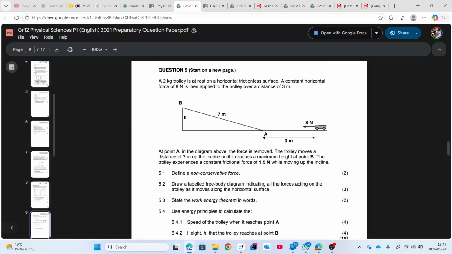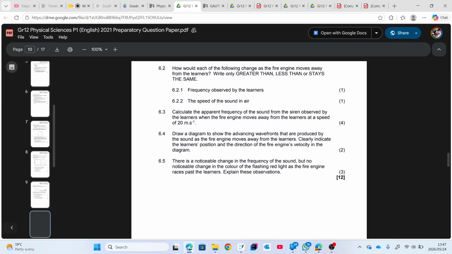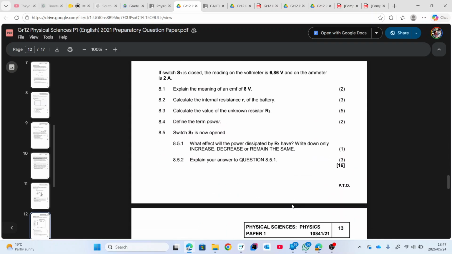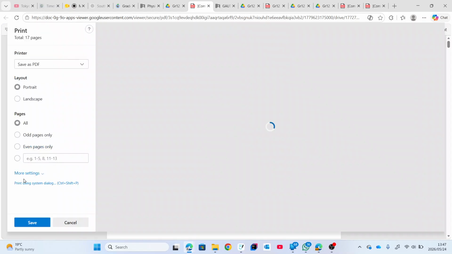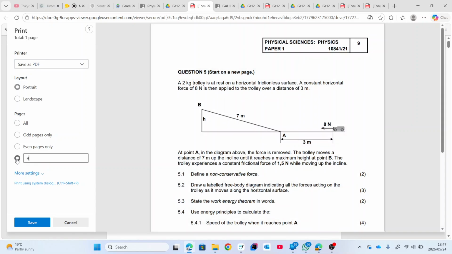Okay, it's the question on page 9 and page 12. Okay, print page 9 and page 12.